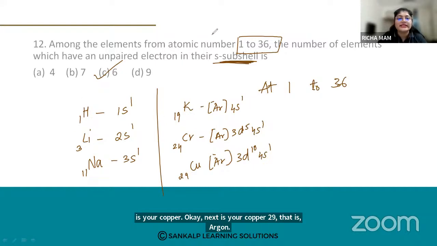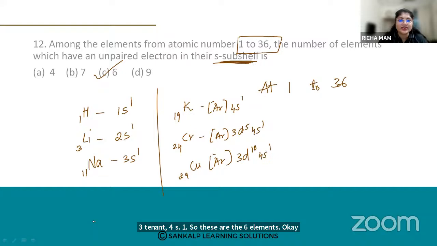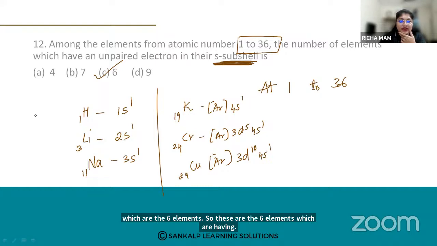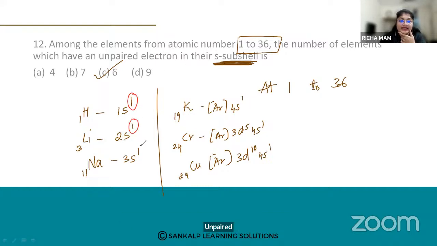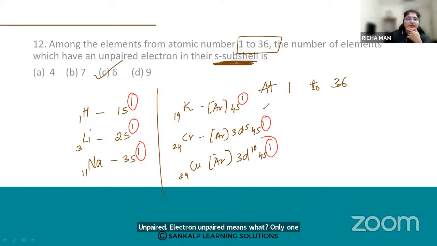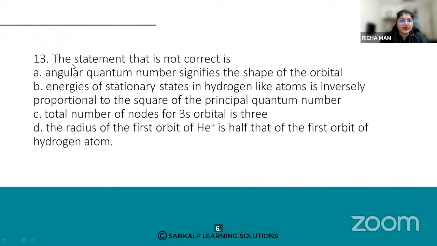So these are the 6 elements. Remember that. Unpaired means only one electron is present in the s subshell. So there are 6. Let us go for the next one.